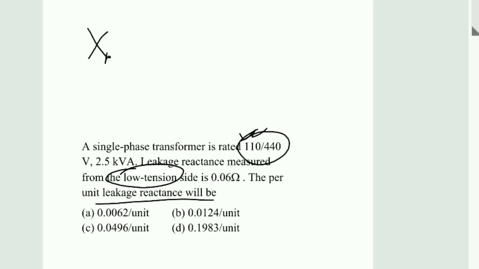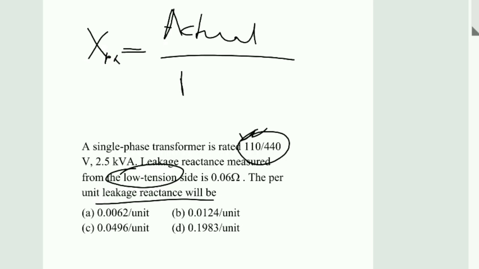reactance, xpu will be, we know per unit means actual value by base value, right? So xpu equals actual by base value.